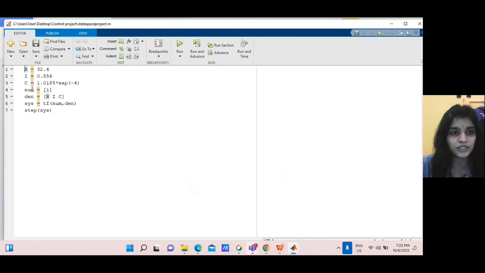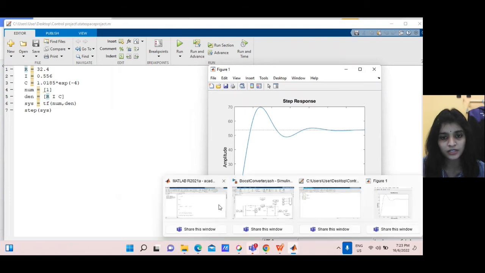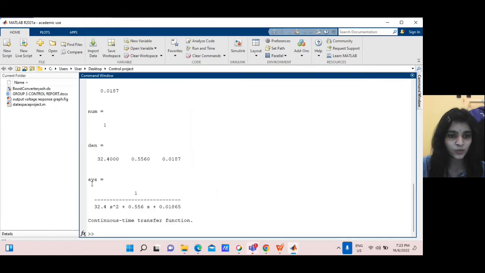So num will be the numerator 1, the denominator will be RLC, and sys is the system transfer function to show the transfer function, and step of sys to show the step response graph. So when I run, this is the step response graph, and first we see this is sys, that means the transfer function, the equation.